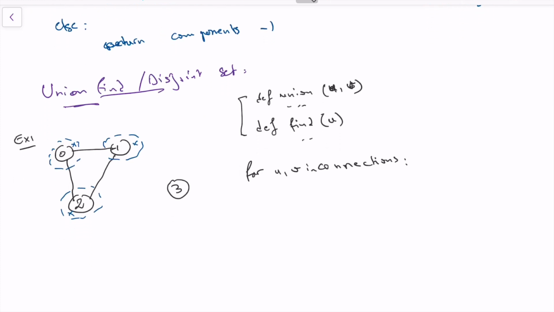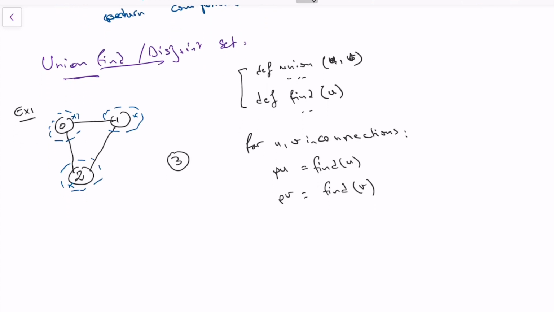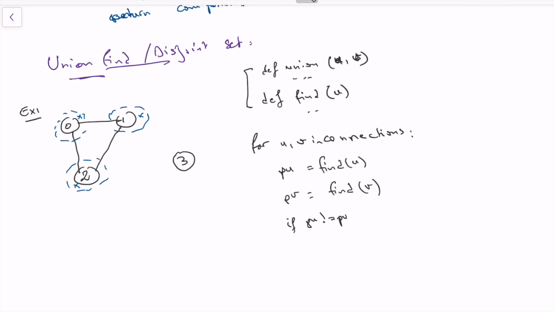What we need to do is get the parent for each one of them. So PU would be finding the parent of U, and PV would be finding the parent of V, right? Now if both are in different components, which means their parents are not the same, since being in the same component means their parents are the same in this union find context, then there is an edge between them, but they are not yet in the same component.